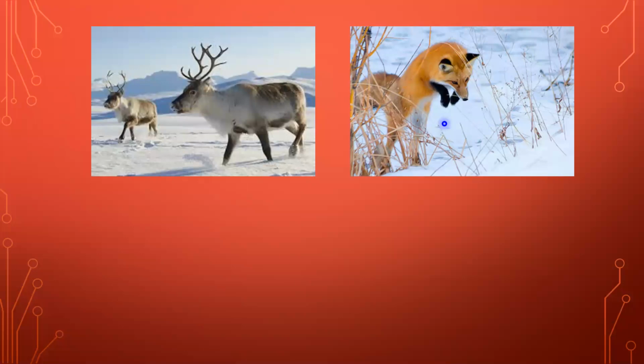After lifting its feet in the air, it uses gravity to catch its prey. That means it drops its feet very speedily on the earth or on that prey, so it can catch the prey. So speed depends on that gravity. This is the picture of the fox observed in the extreme cold region. First one was the reindeer, the next one is the fox.